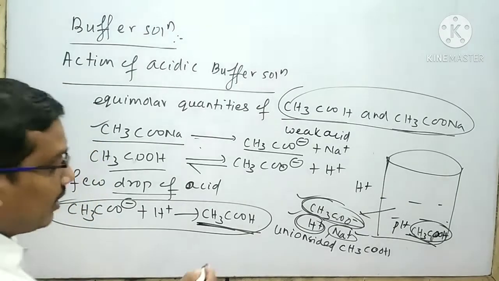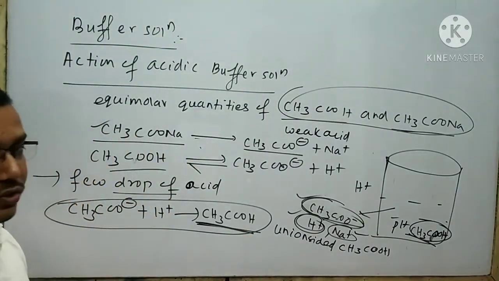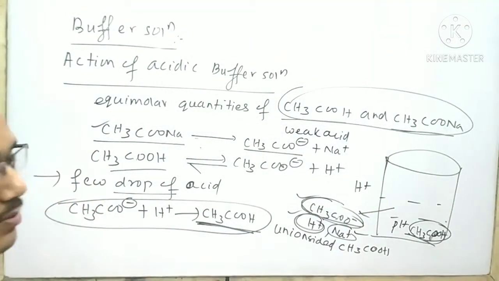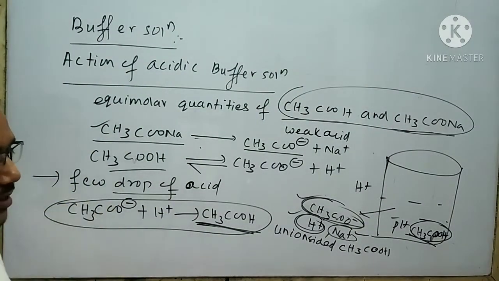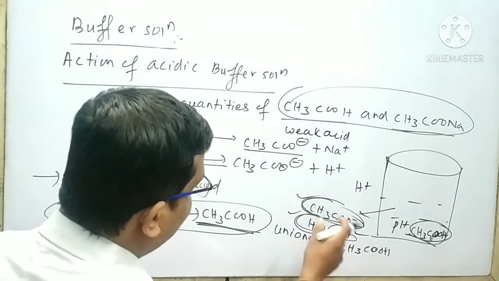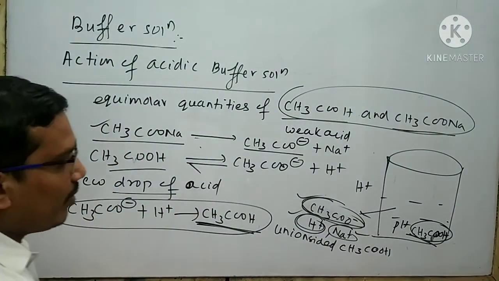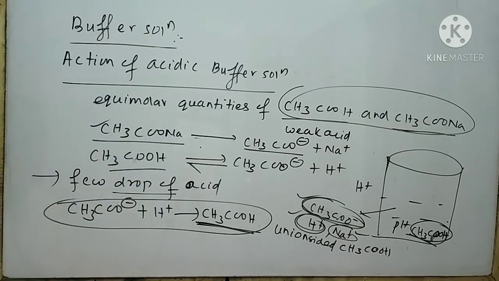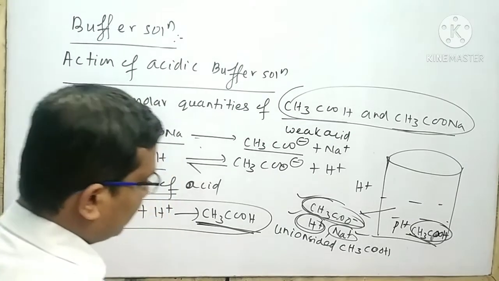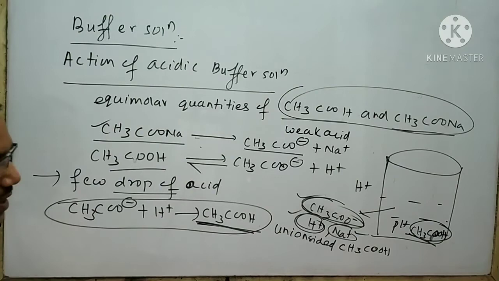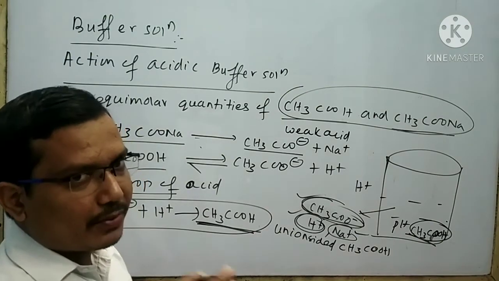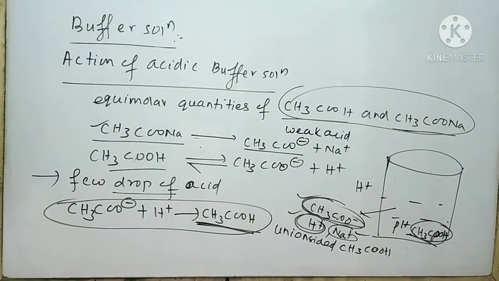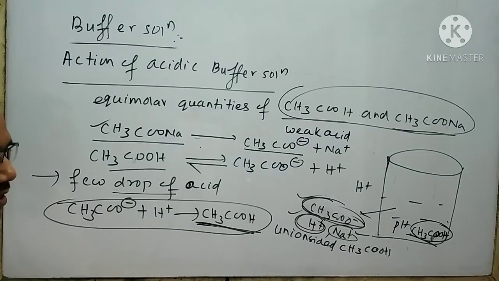If this acetic acid remains unionized, then it will not affect the pH value of the buffer solution. But remember, if this acetic acid undergoes dissociation, then it impacts the pH value of the buffer solution. If I add more and more H plus ion from outside, then the pH value of this buffer solution changes. The pH remains constant up to a certain limit of addition of acid from outside.